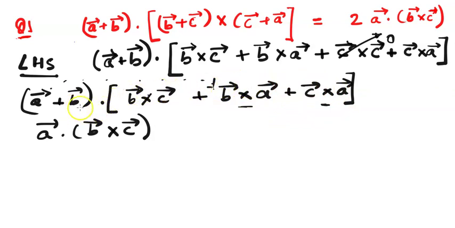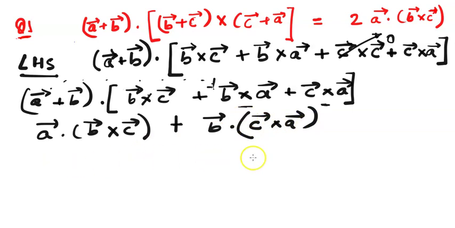Similarly, when I do b dot with this quantity and this quantity, it goes to 0, because b cross c is perpendicular to b and b cross a is perpendicular to b, and so b dot anything which is perpendicular to b should be 0. So I will get b dot c cross a.